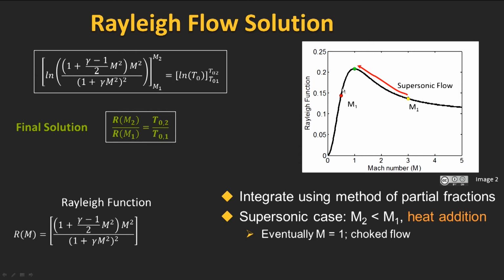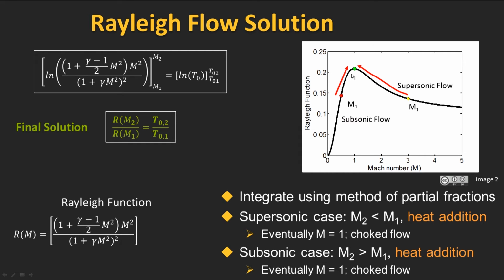And looking at the shape of this curve, it's clear that that can only happen in the branch between the red and the green dot, which is here. Therefore, for the subsonic flow, when we add heat, we again find that the flow will accelerate and reach Mach 1 as the maximum value that it can reach.